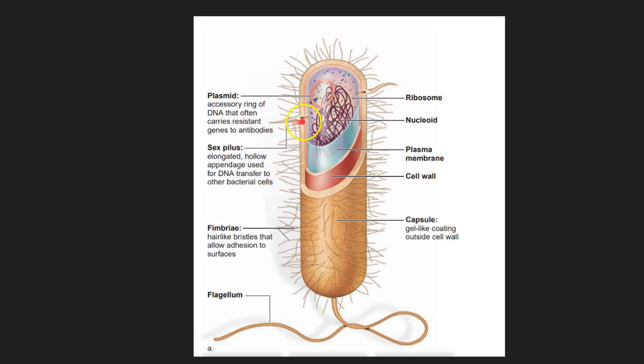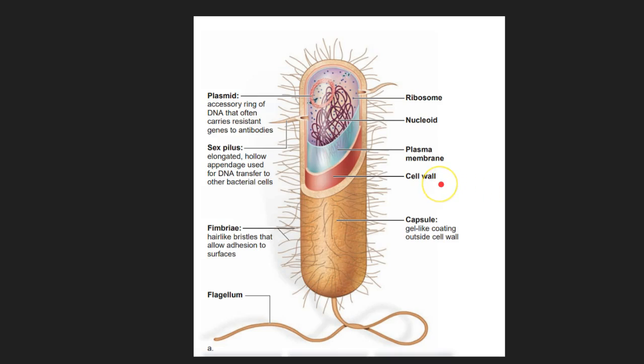Here's the sex pilus, a hollow appendage used to transfer that plasmid and perhaps other DNA to other bacteria. The fimbriae, or fimbria, which are these hair-like bristles that allow the bacteria to stick to surfaces, potentially to another bacteria. Going right up the other side, you have the capsule. This is protecting the bacteria from the outside.